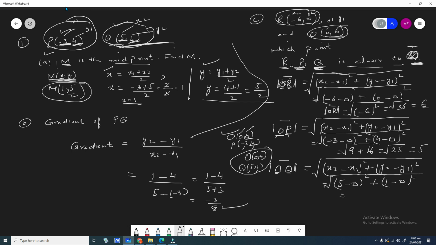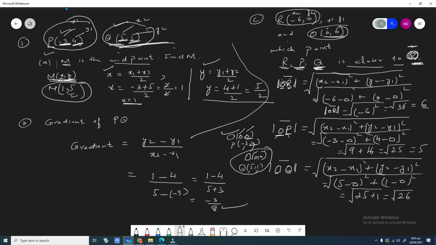So this will become 5 square, 5 square means 25, and this will become 1 minus 0 whole square, that is 1, under root, and this will become root 26.